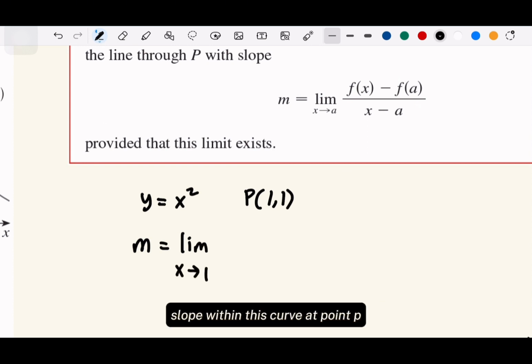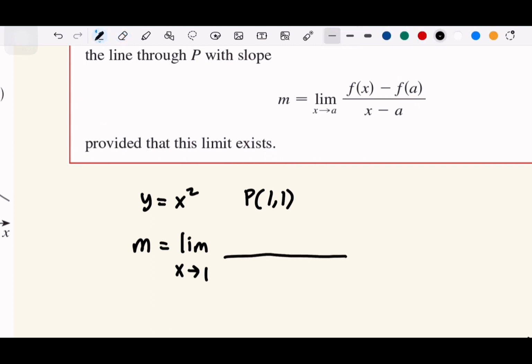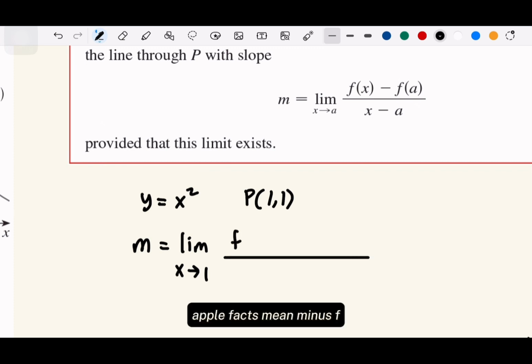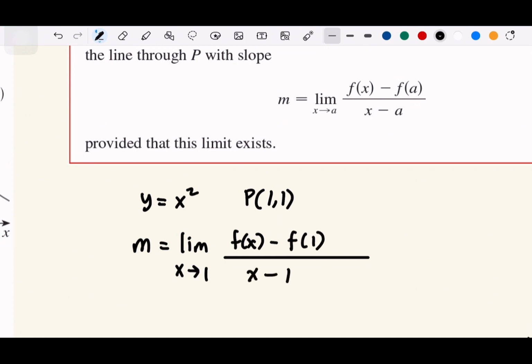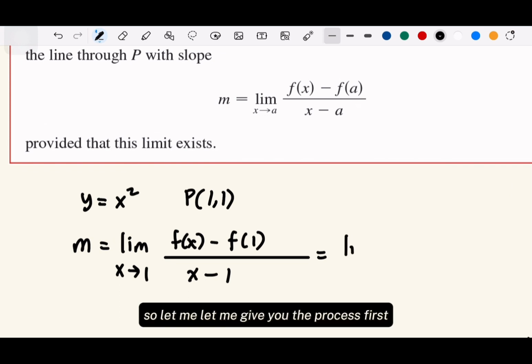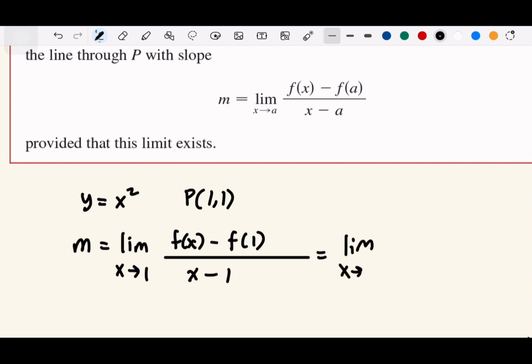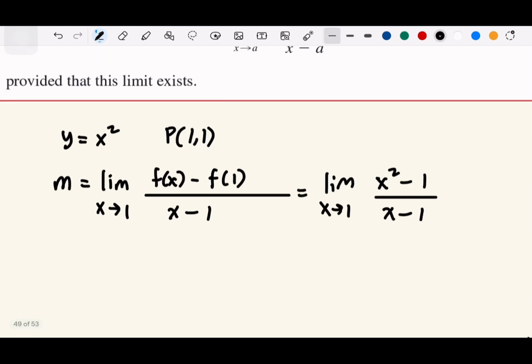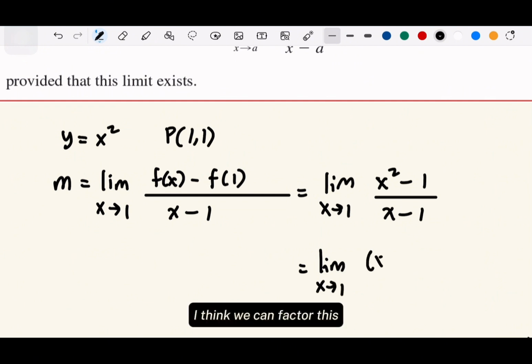So we want to know the slope of this curve at point P. So we take the definition, f of x minus f of 1, over x minus 1. Let me give you the process first, and then we solve the limit. I think we can factor this.